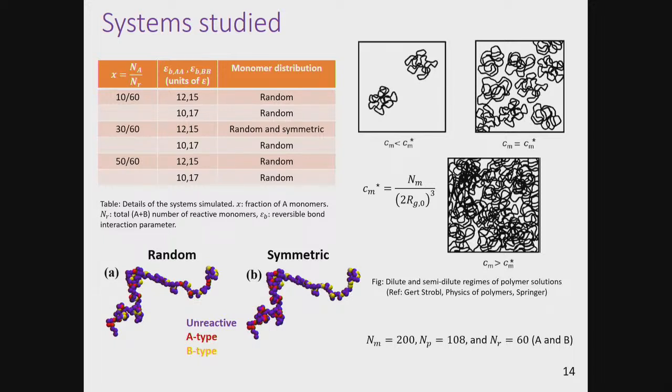So like I am showing here, this A and B can be arranged randomly or in a diblock fashion like this, where the first half of the chain is only composed of A type beads and then B type beads. So we will see how such small variations in the composition can lead to macroscopically different properties.